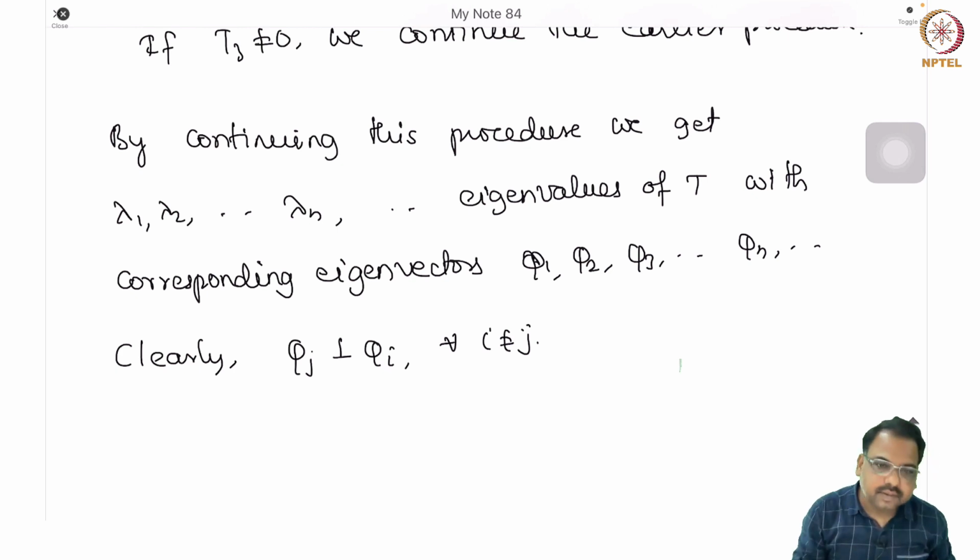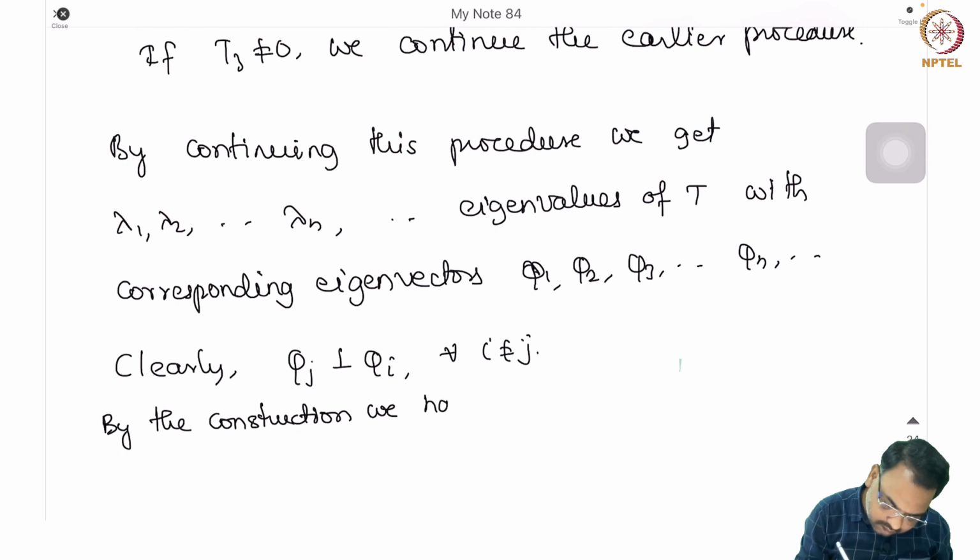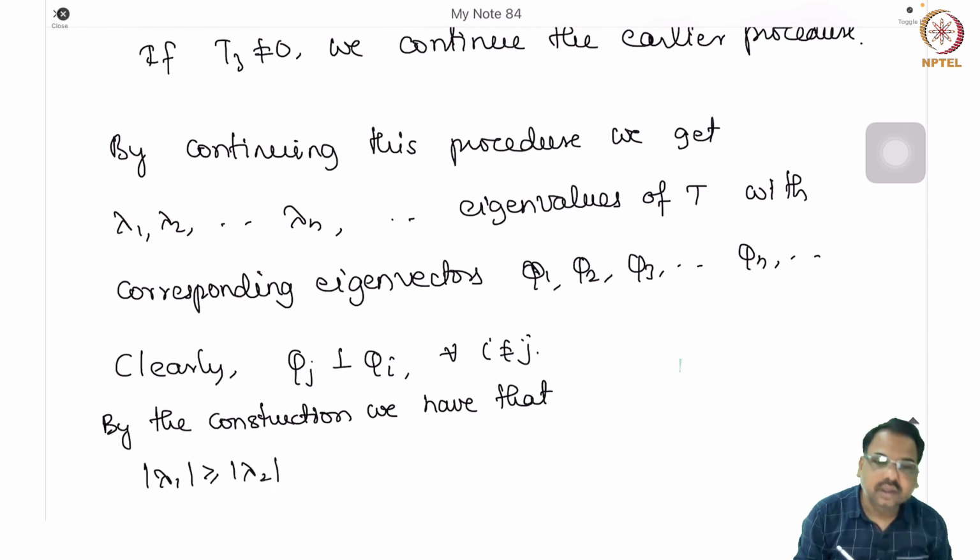By the construction, we have that mod lambda 1 is bigger than or equal to mod lambda 2, that is bigger than or equal to mod lambda 3, and so on.